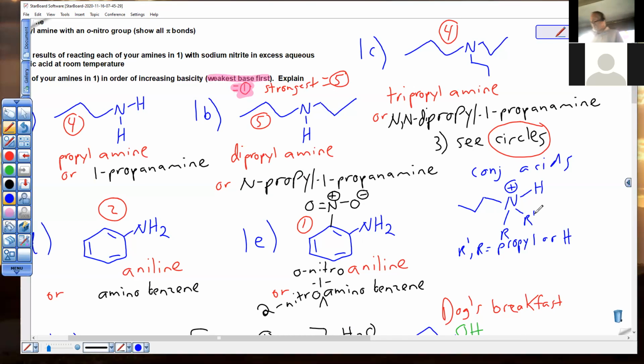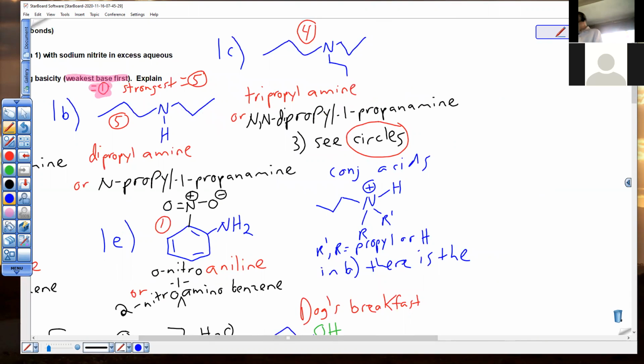So in B, there is the best combination of what 2 factors to stabilize this ammonium ion?